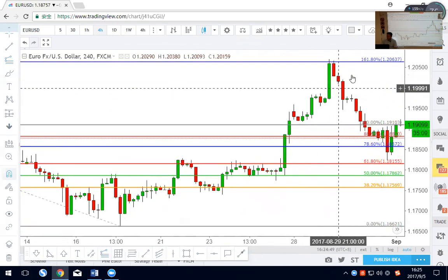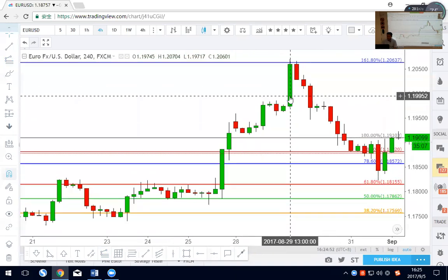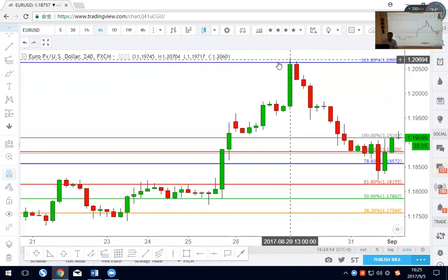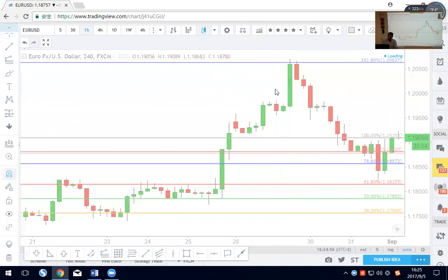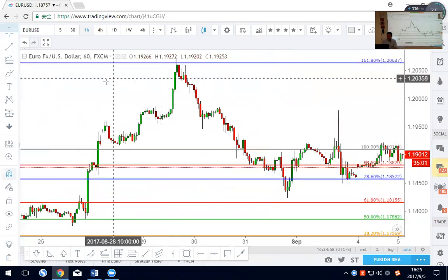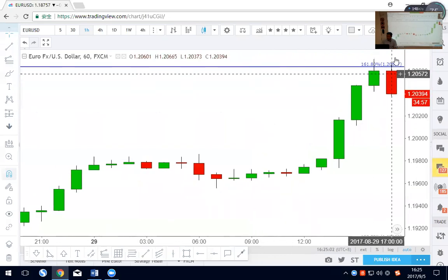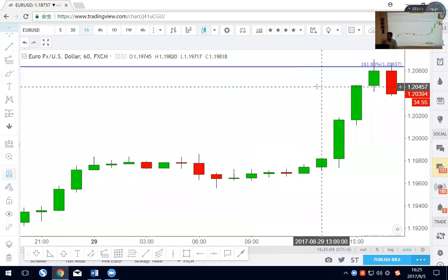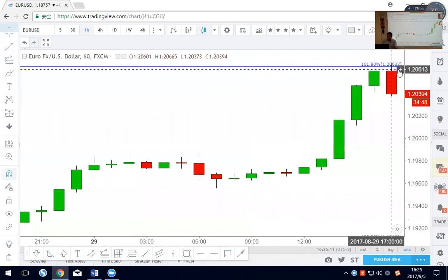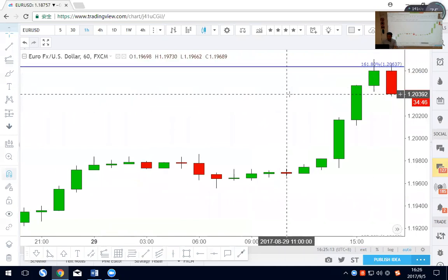So we short from 1.2060 when the candle touched this line, and in the 1 hour chart we find the price action, right? What do we see? We see this candle. This is a very good example of why you wait for the price action to be confirmed before you take a trade. We know that 1.2060 is likely to be a turning point.